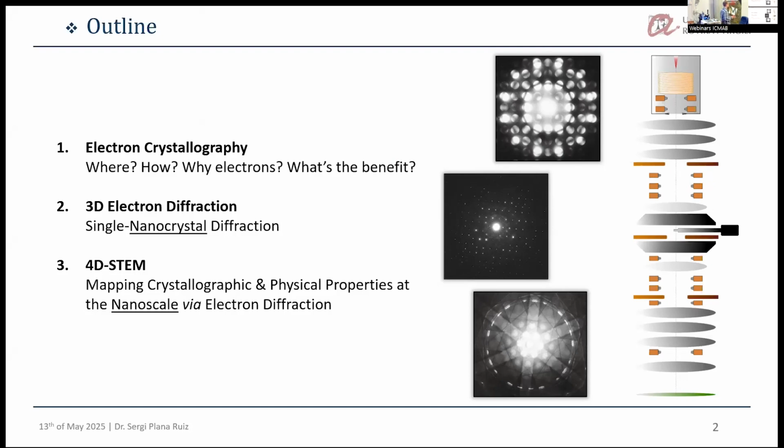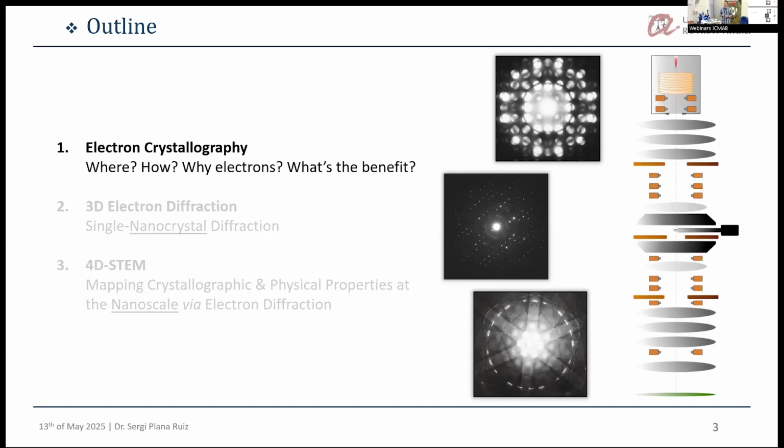This would be equivalent to single crystal X-ray diffraction, but instead of looking at microcrystals, we look at nanocrystals. And then we will change the technique and go for STEM, which is basically the mapping of an area of interest at the nanoscale, in which we acquire one diffraction pattern in each position. By extracting information from this kind of data, we can understand a bit more about the physical properties of our systems.